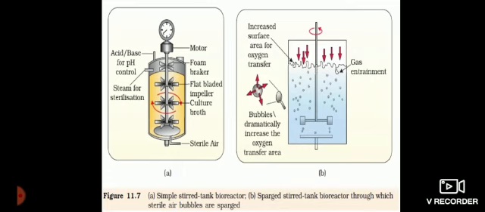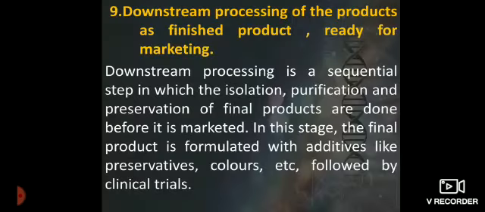The second one, B, is a sparged stirred tank bioreactor. The difference is that in a sparged stirred tank bioreactor, we sparge oxygen bubbles from outside. This helps the level of oxygen inside and results in good products. These two diagrams you should learn to draw properly.